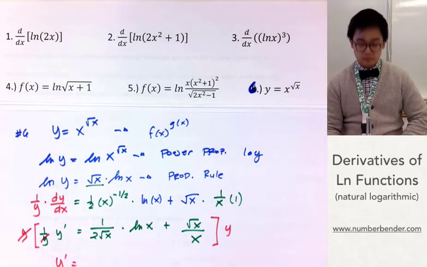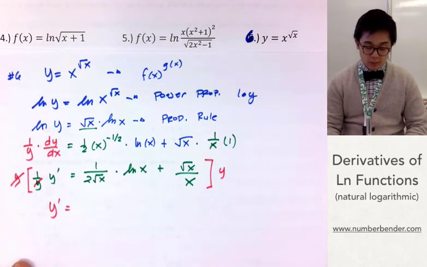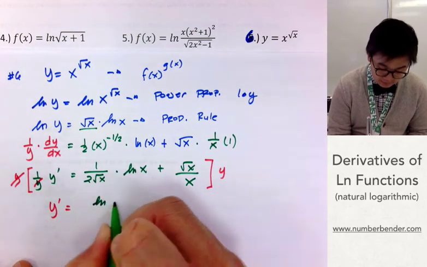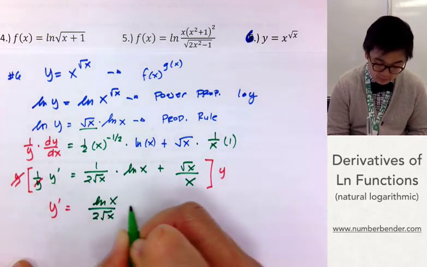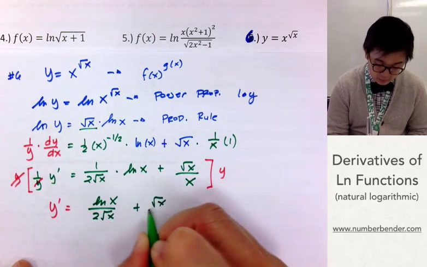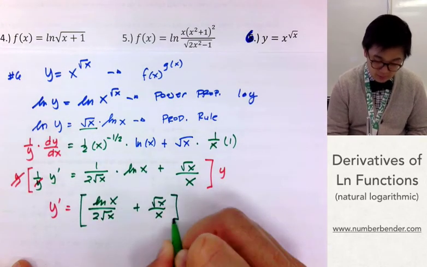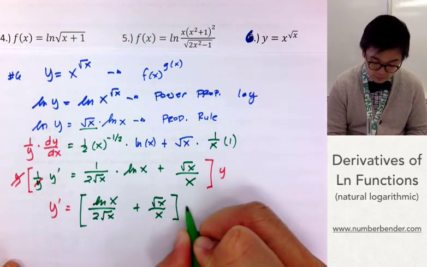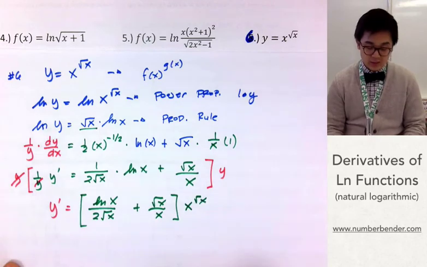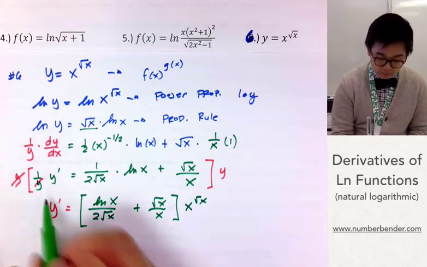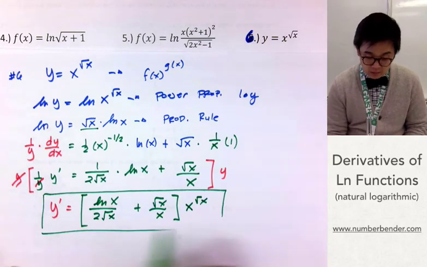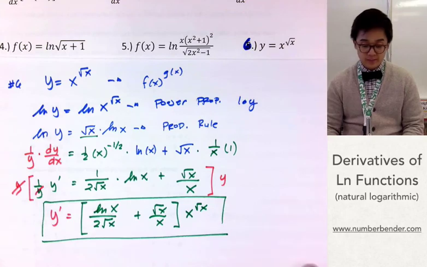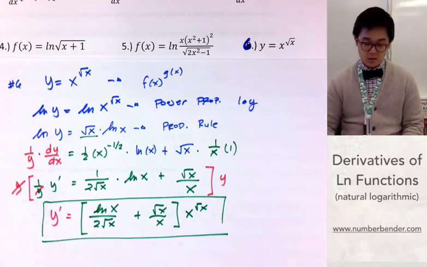So y prime is ln x all over 2 square root of x, plus square root of x all over x, multiplied by the y function, which we know is x raised to the square root of x. So this is now the derivative of our function y, using the properties of logarithm and the rule of the derivative of ln.